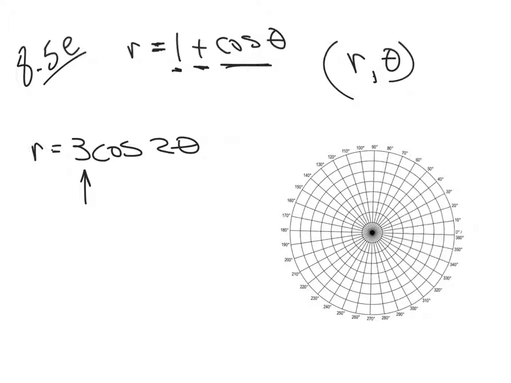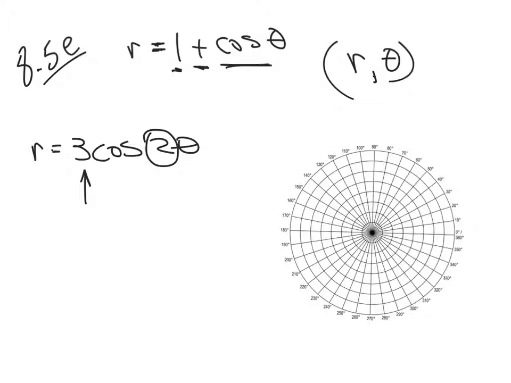A number in front of the cosine would be the bottom row, second and third over. And then it also says that there's a number in front of theta. Okay, so it's going to look like either the second or third one. It's called a Rose curve, but which one is it going to be?